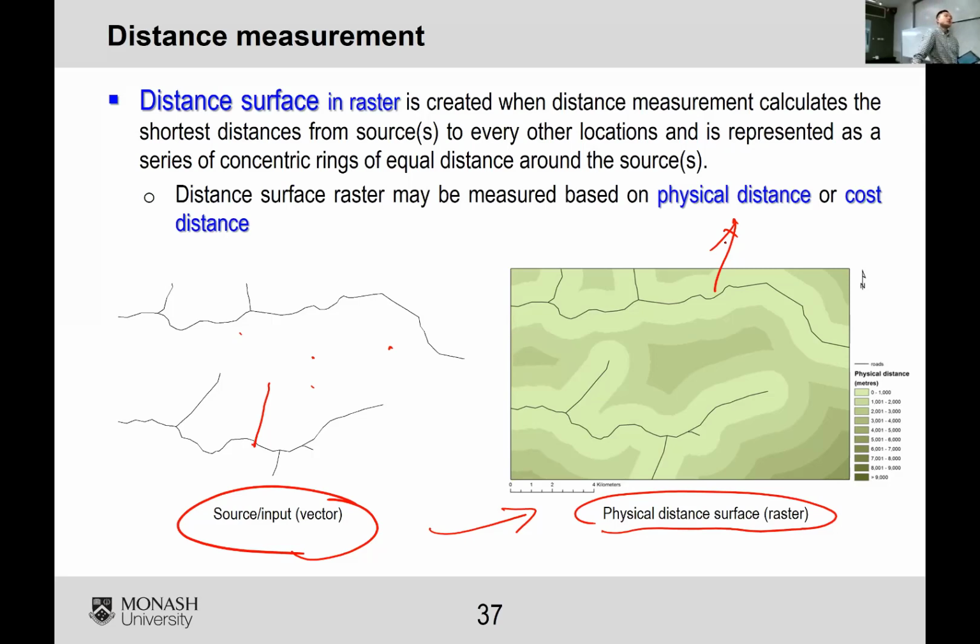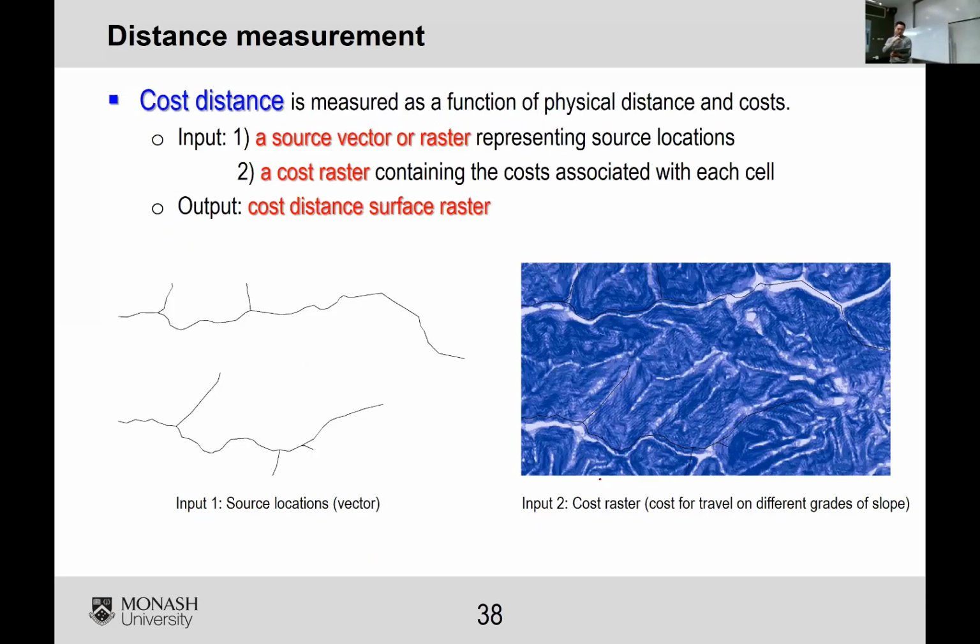Comparing going up the slope and going down the slope, you're using different levels of energy. So in that case, we're calculating a cost distance. The cost distance is measured as a function of the physical distance and the cost.